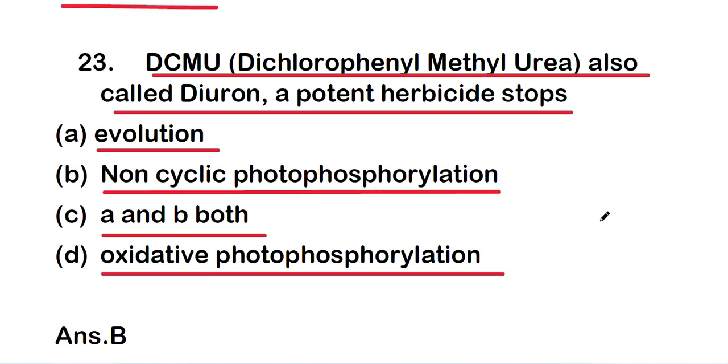And the right answer is option B, that is non-cyclic photophosphorylation. So DCMU, also called diuron, a potent herbicide, stops non-cyclic photophosphorylation.